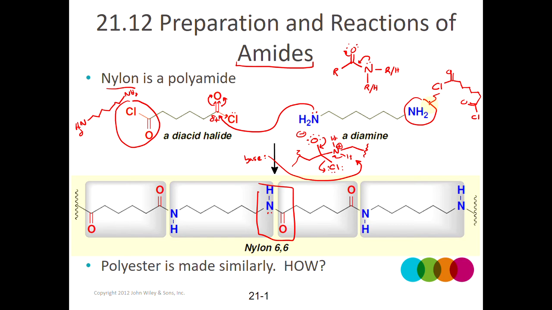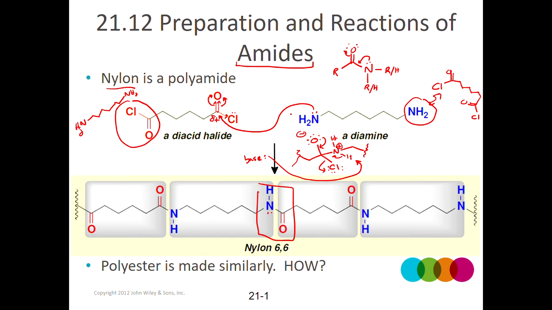And once that connects, then there'll still be another acid chloride on the end of the chain. So both sides of the chain can continue to grow. So this is a different type of polymerization than we saw when we saw free radicals. You recall when we made our polymer in lab 1 and looked at the polymerization using a free radical mechanism, that was a situation where the chain would only grow on one end as one unit of monomer was connected at the end, one unit at a time.